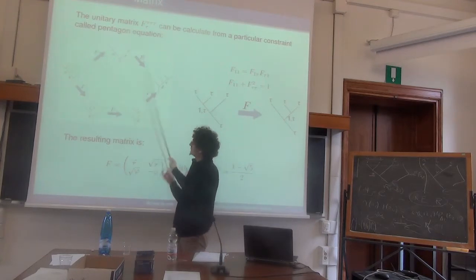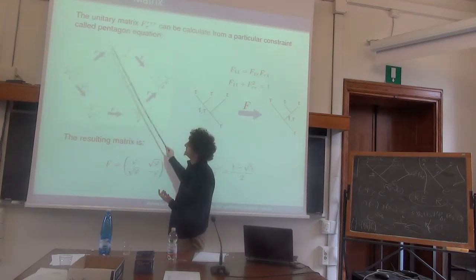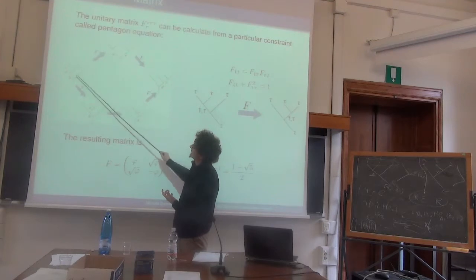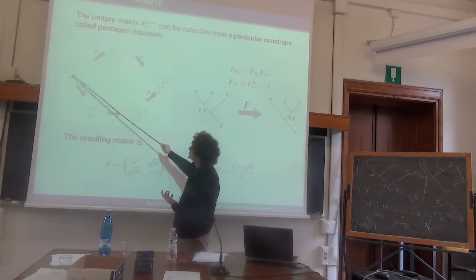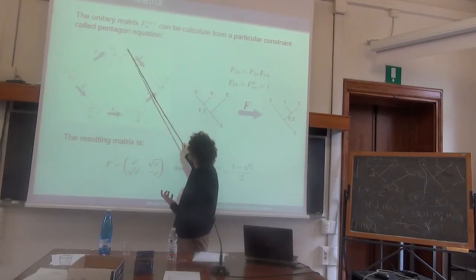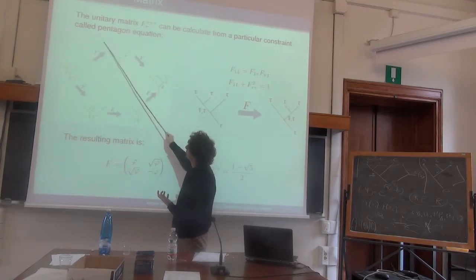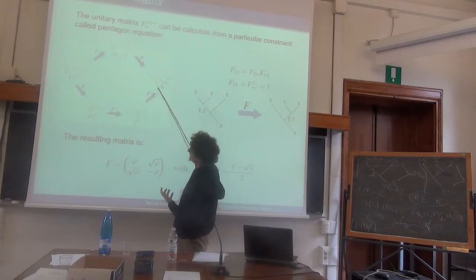I may apply 2 different paths of these F matrices. In particular, here I can start by applying an F matrix for these 3 vertices, and move this and attach it there. And then another for this block of 3 charges, and end up here.